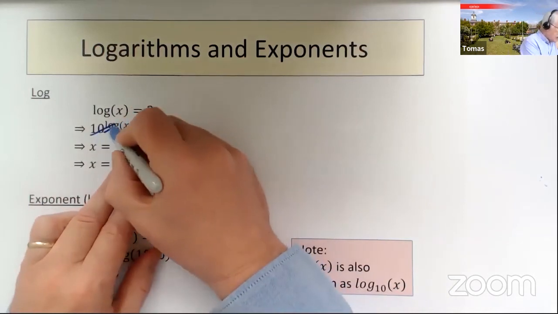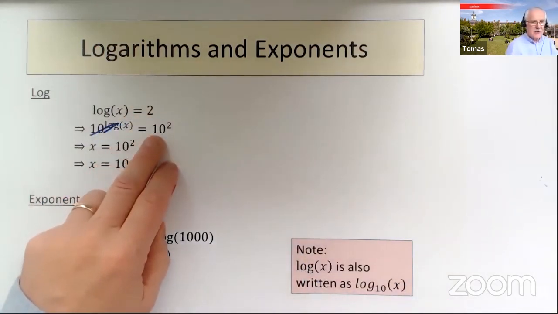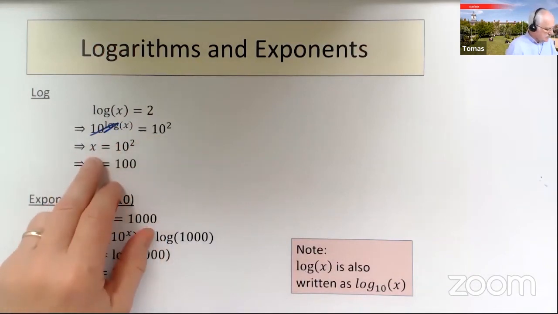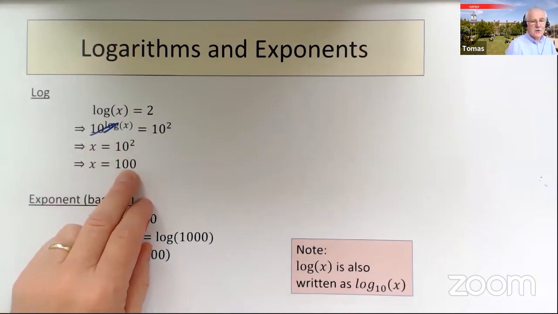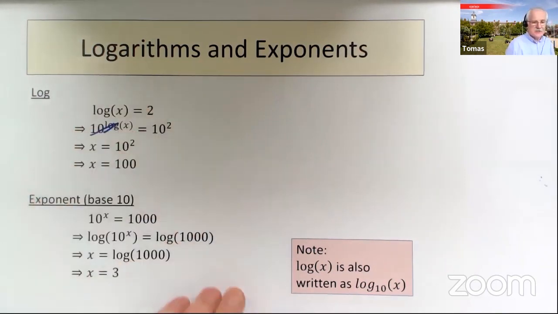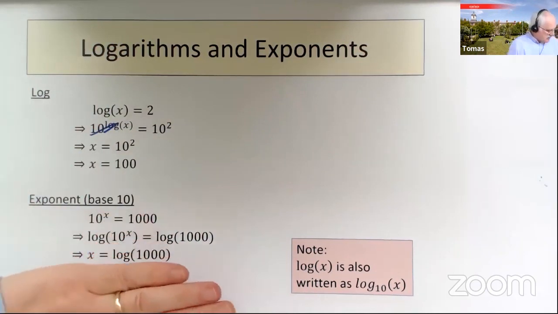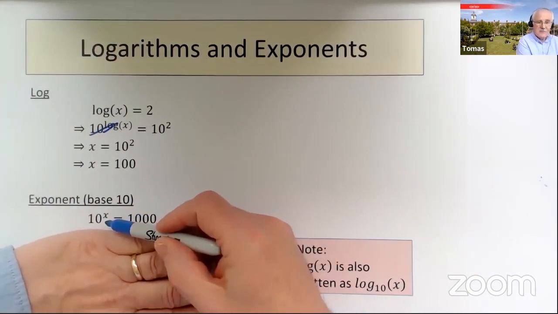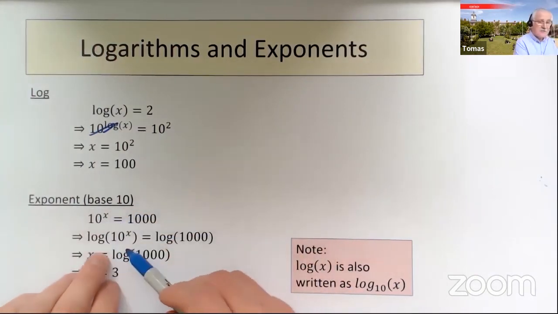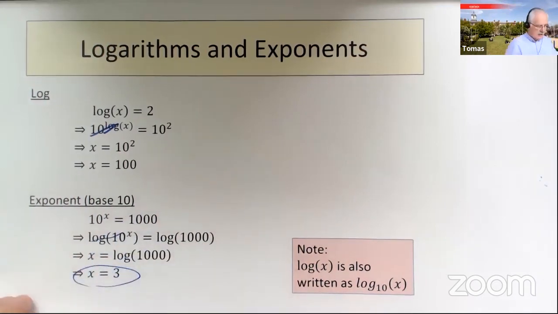So x is 10 squared, x is 100. So again, we can solve that question. And in terms of the exponent, if somebody says 10 to the power of x is 1,000, how do you get rid of a 10 to the power of x? Well, you take the log of it. So log is the opposite, and you solve it that way.